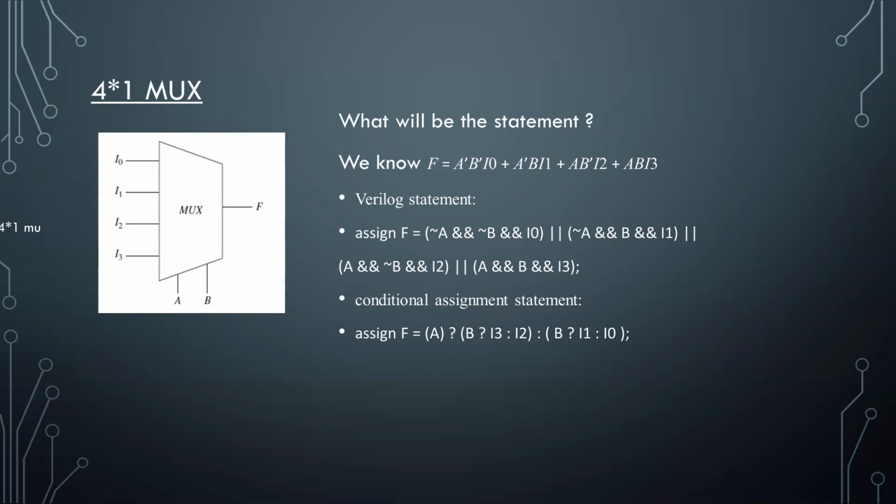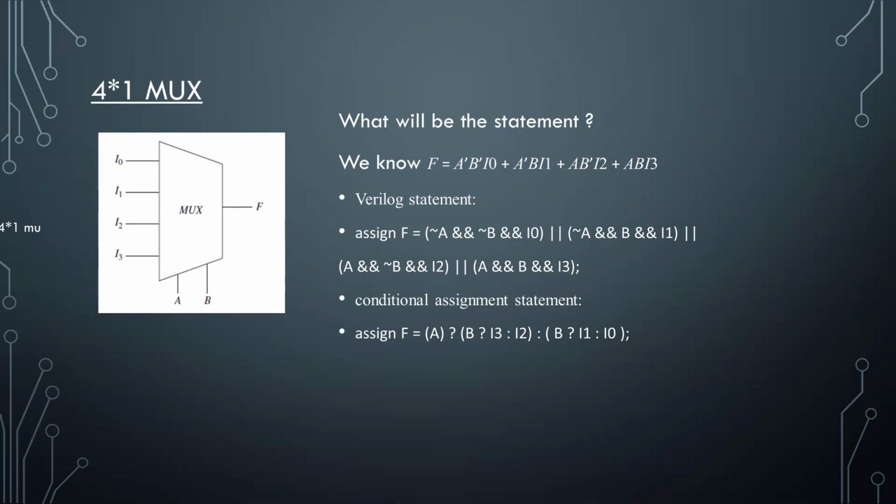And for the conditional statement, we will first check the condition of A. If A is true, we next check the condition of B. If B is true, we get I3, and if B is false, we get I2.